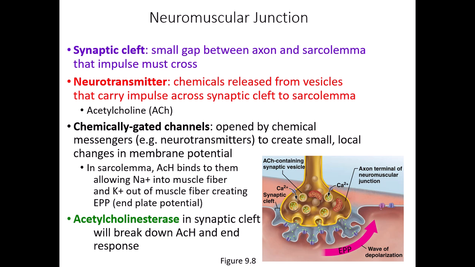We wouldn't want a muscle cell to be continuously, without end, stimulated. So acetylcholinesterase is going to break down acetylcholine into acetic acid and choline molecules. So that's an example of a decomposition, right? And then that will stop the end plate potential at the moment.